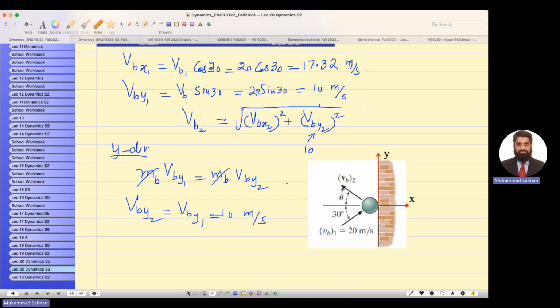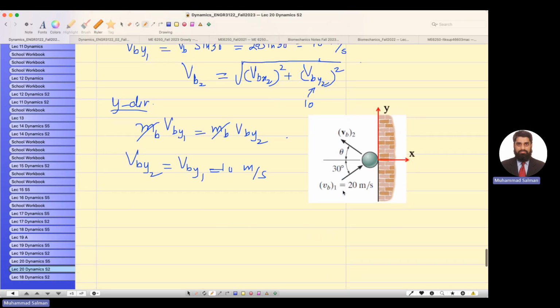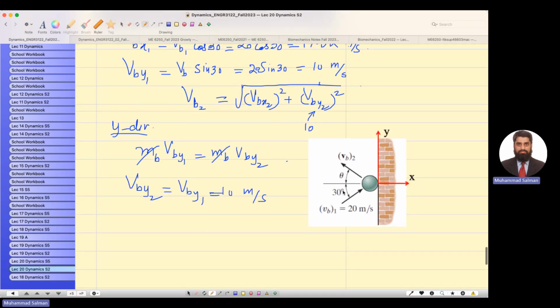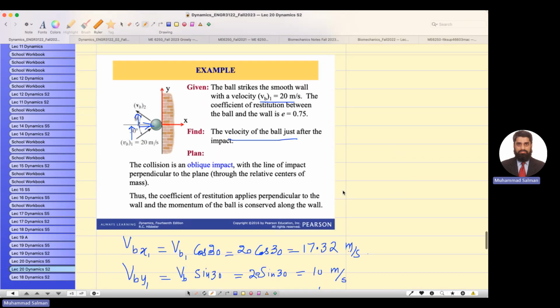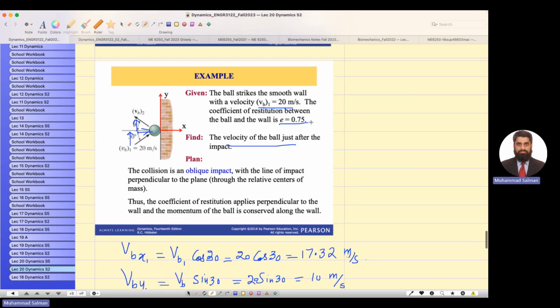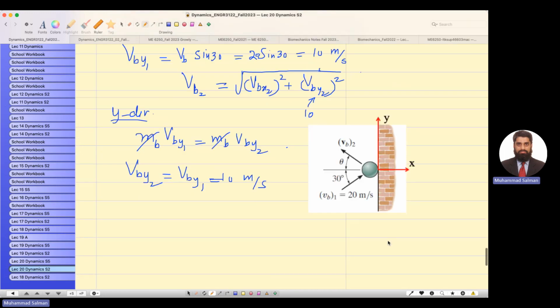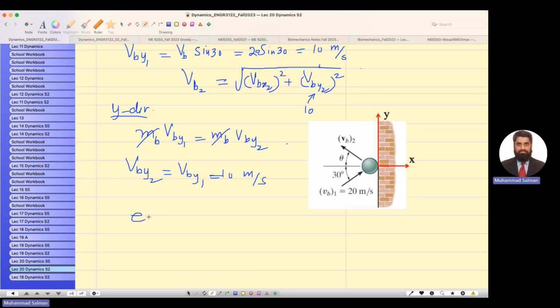So how would you find it? You need another equation, and I would use the coefficient of restitution, because in the question we have been given that 0.75 is the e. So what is the formula for e? VBx2 minus 0, because the wall is not moving.